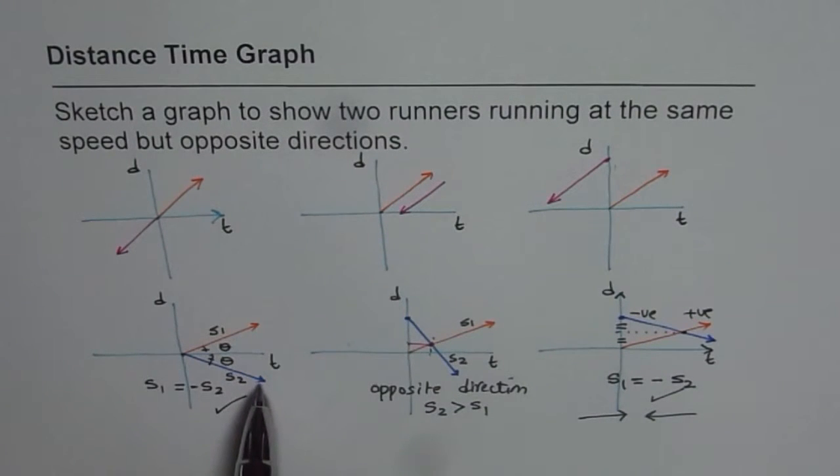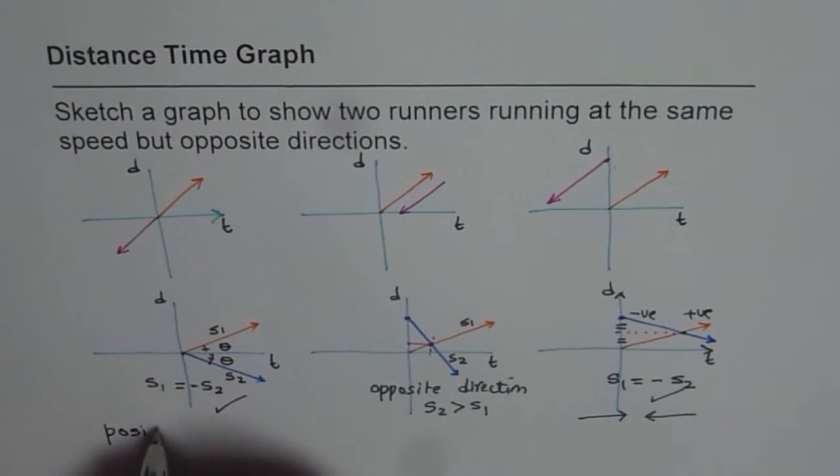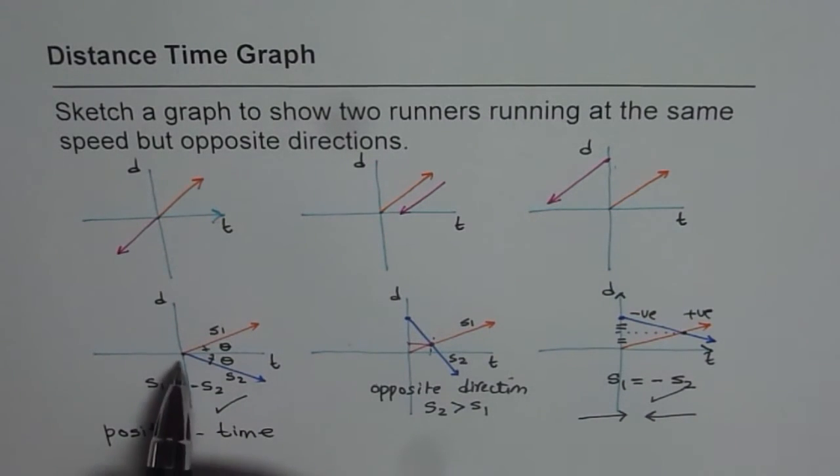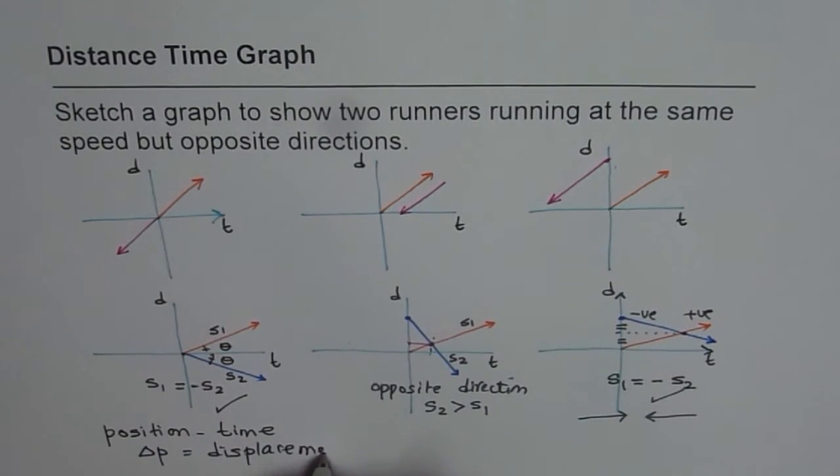Negative distance, I should say displacement in this case, right? Distances are never negative, but when we show it on a graph like this, we say displacement. So it is a position time graph, to be very specific. So we are calling it a position time graph where change in position is displacement. So delta P, change in position, is displacement.